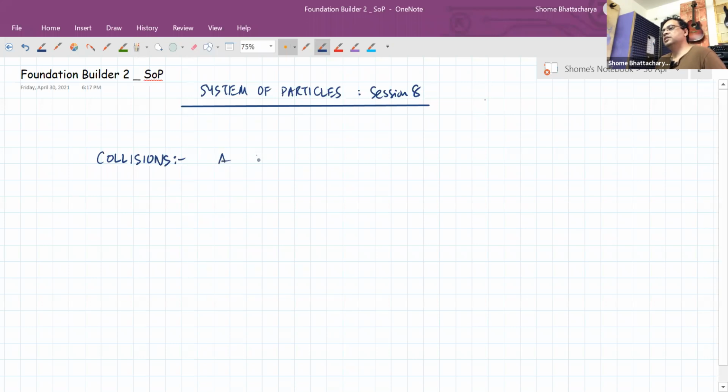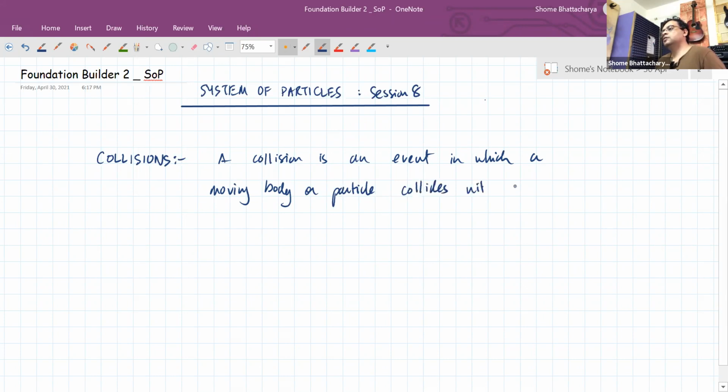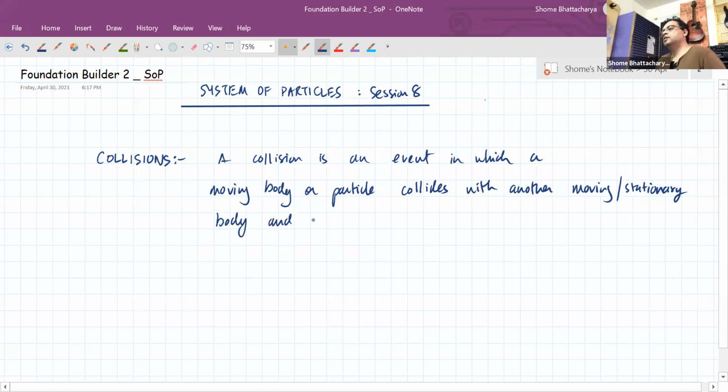So a collision is an event in which a moving body or particle collides with another moving or stationary body, both cases being valid, and as a result exchanges momentum.